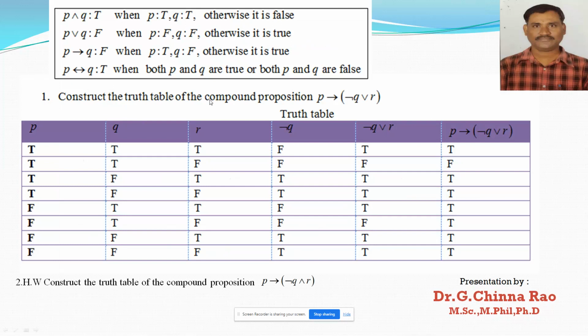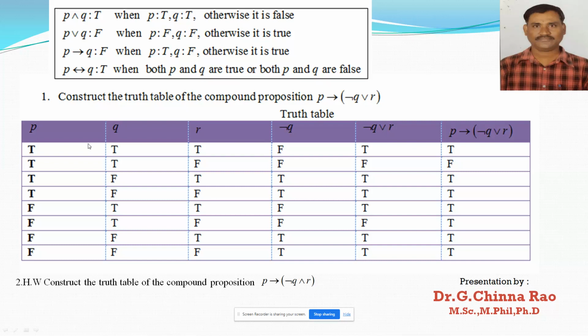Construct the truth table of the compound proposition P implies (negation Q or R). Here we have to observe how many variables there are in this compound proposition. Here P, Q, R. So we have three variables.